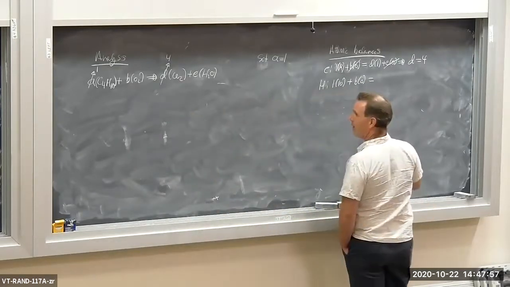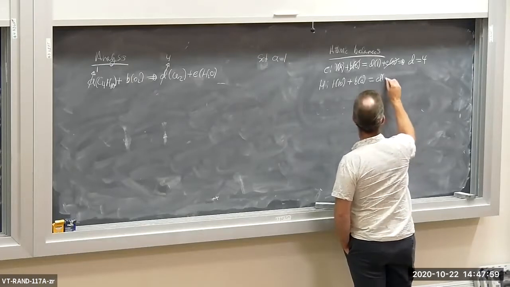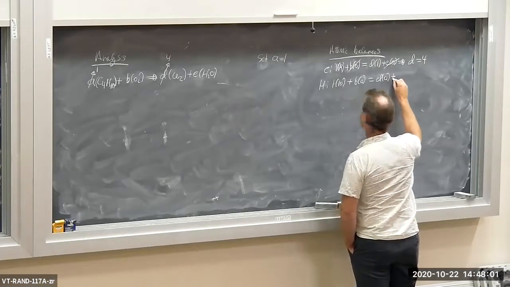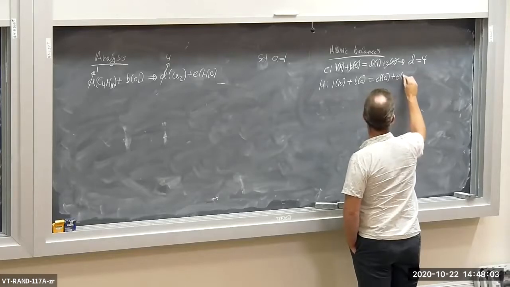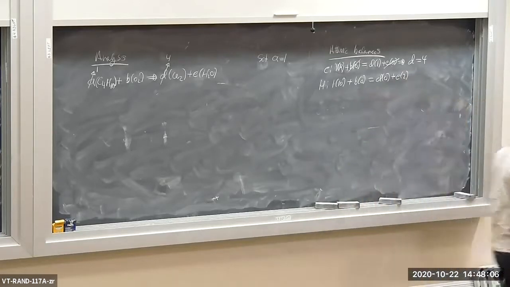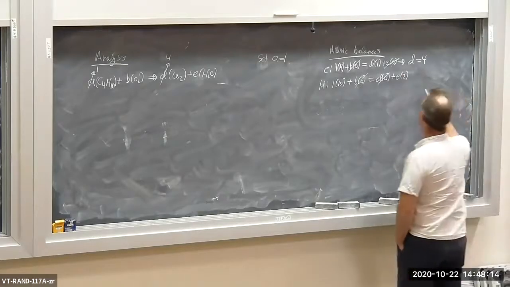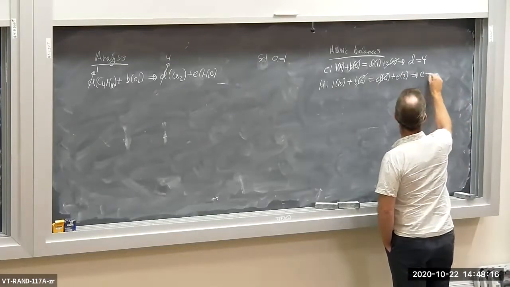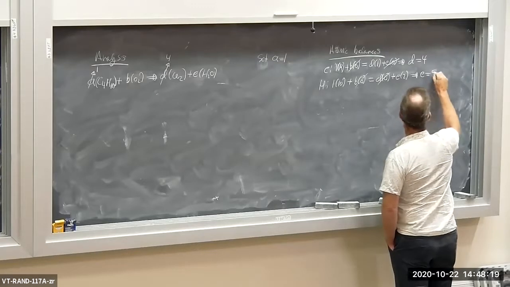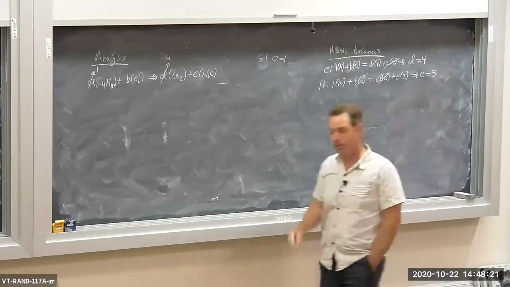And then I have no hydrogen in the CO2, so I have D times 0, and I have E times 2. There's 2 hydrogen atoms per H2O molecule, okay? So again, these are gone here, and I get E is equal to 5.